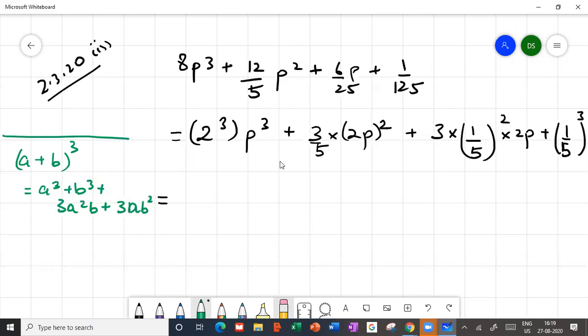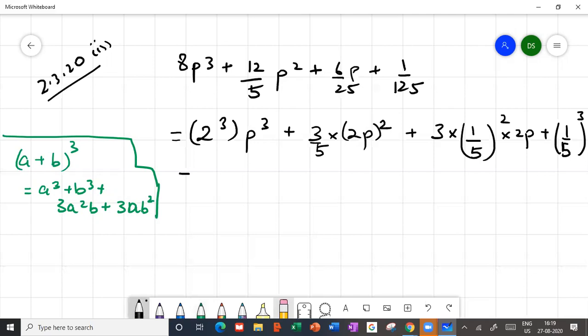So see, does this match with this? It does. Clear? 5 into 3 into 1 by 5. So we get there. Correct.